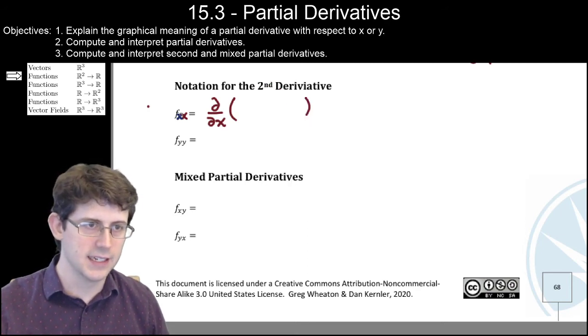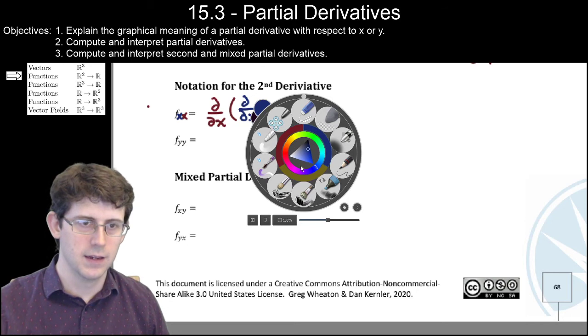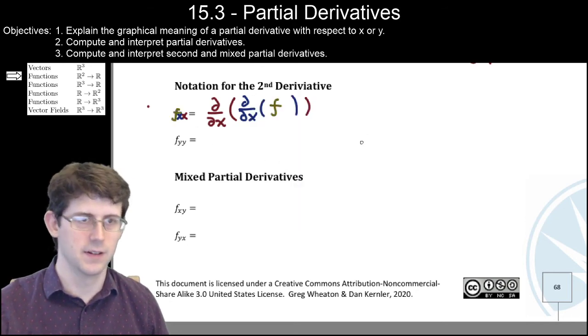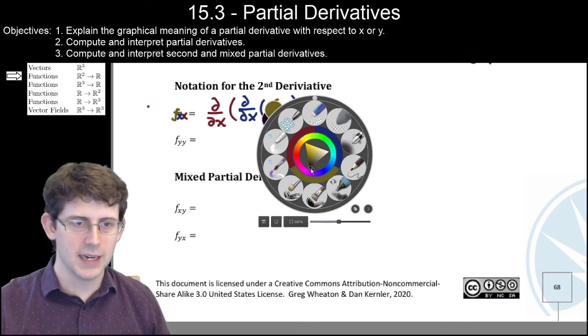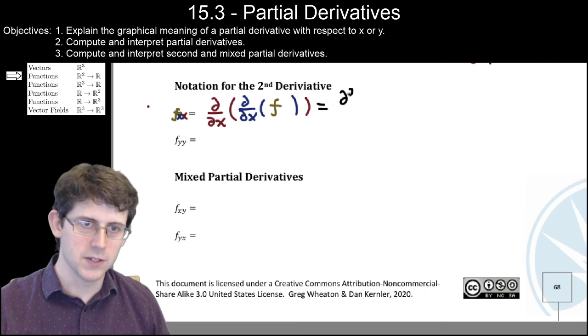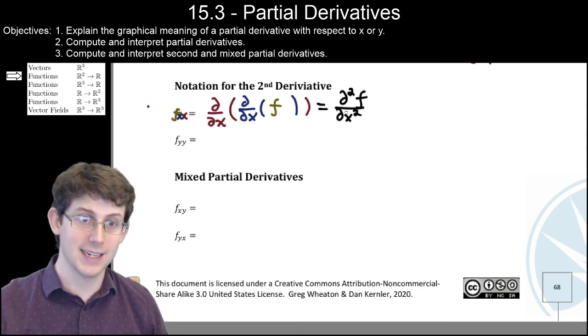Then this x is the x partial derivative. And then the innermost thing was this f. If you combine it all together, then you can write it as partial squared, partial x squared of f. This is the second x partial derivative of the function.